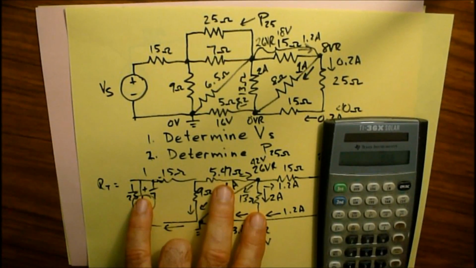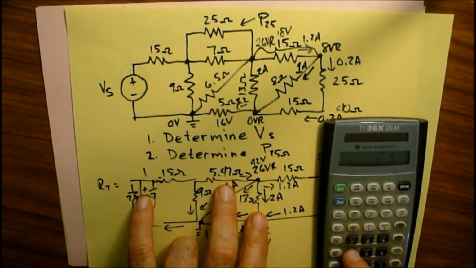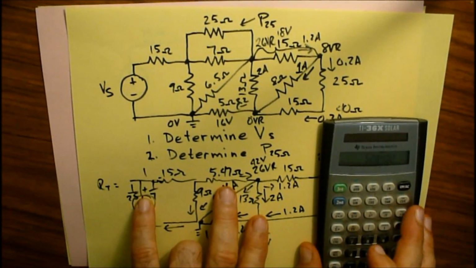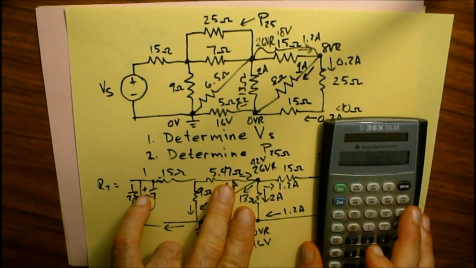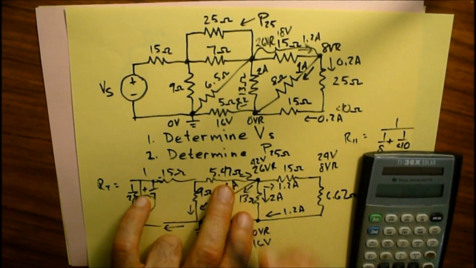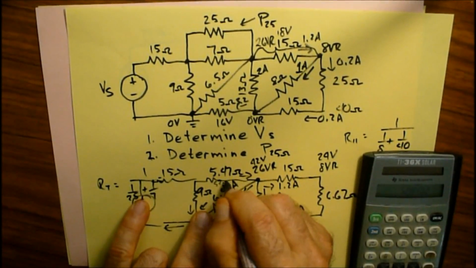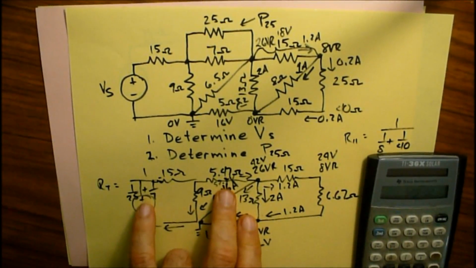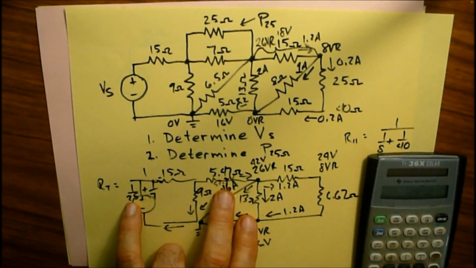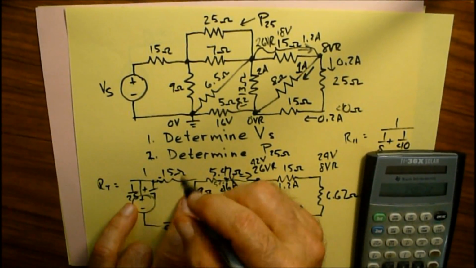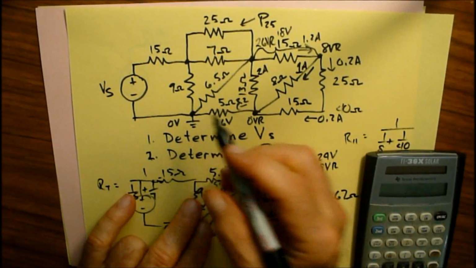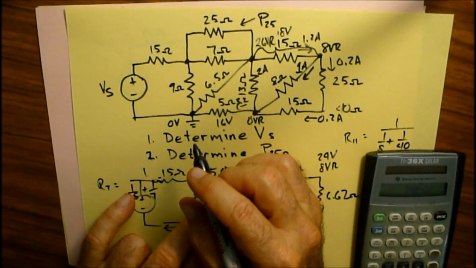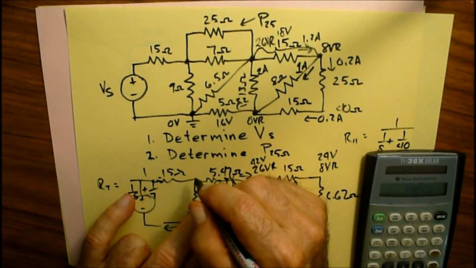So 9.66 times 5.47 is 52.8 volts going across here. So I've got 52.8 volts over here. And that means I'm adding that to my 42 volts right there, 52.8 plus 42, and that gives me 94.8 volts.